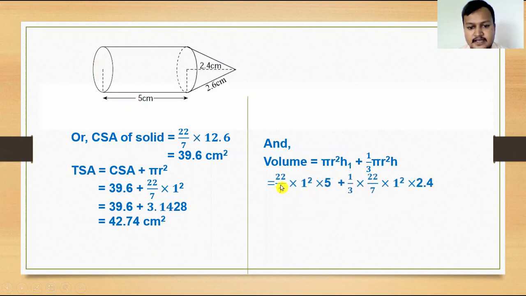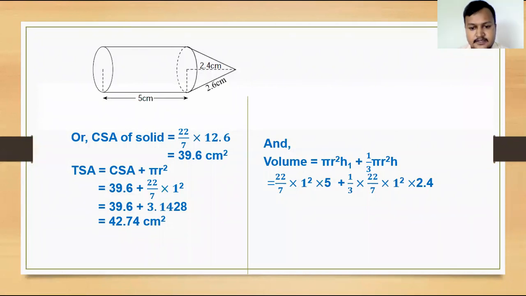So here I substituted values directly: 22 by 7 into 1 square, r square, value of r we calculated is 1, into h1, which is 5, plus 1 by 3, 22 by 7, value of pi again, r square means 1 square, into h. h is the height of the cone, that is 2.4. So calculate the value of 22 into 1 square into 5 by 7: 22 into 1, 22 only, into 5 divided by 7. That means directly we can say 22 multiplied by 5 divided by 7.